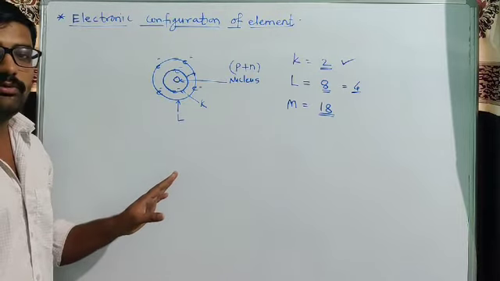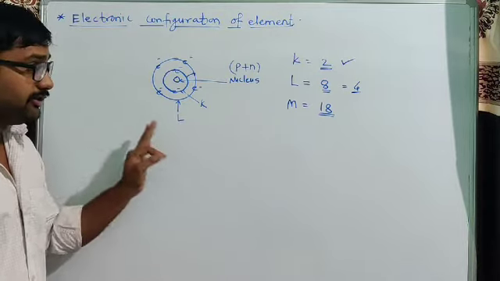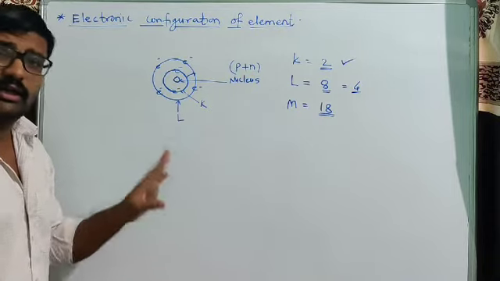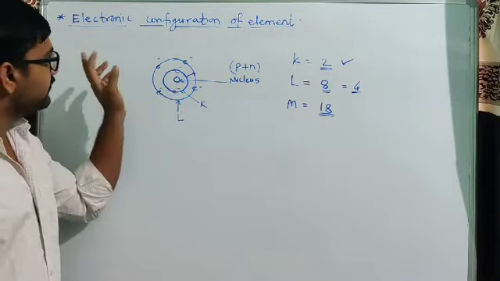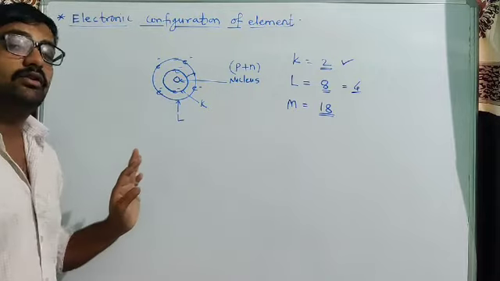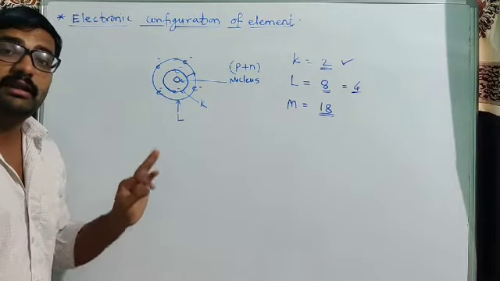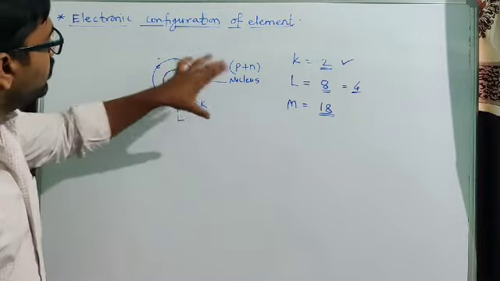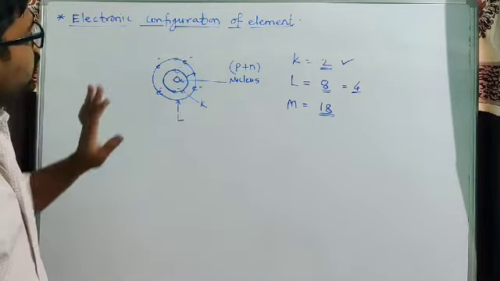Systematic distribution of electrons in the shells around the nucleus is simply called the electronic configuration of an element. This you have to remember.